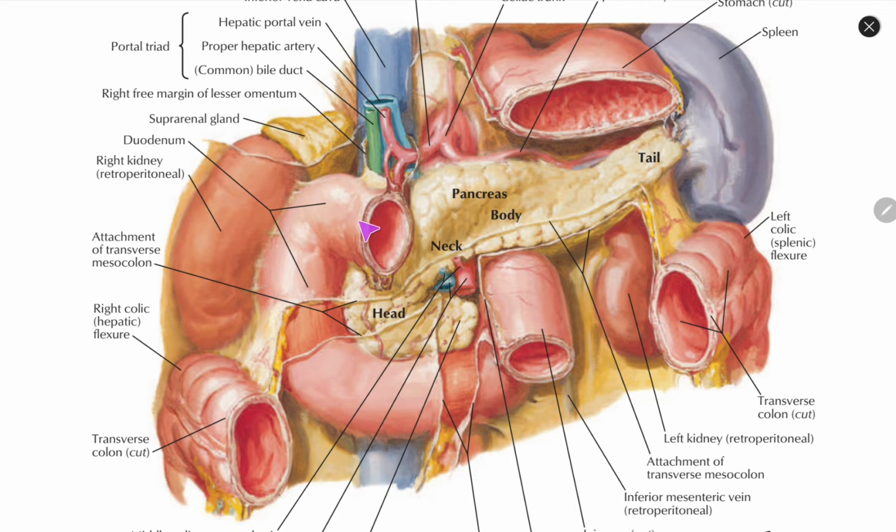So above, it is the first part of the duodenum. Then you have the transverse colon. The transverse colon will be in front. It is actually cut in this diagram. Then you have the jejunum.